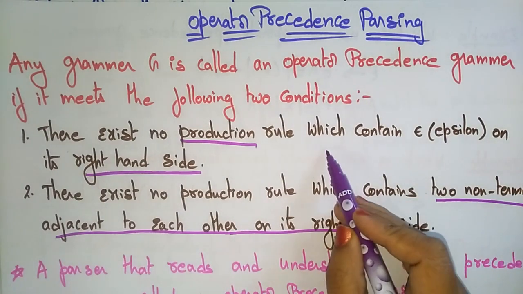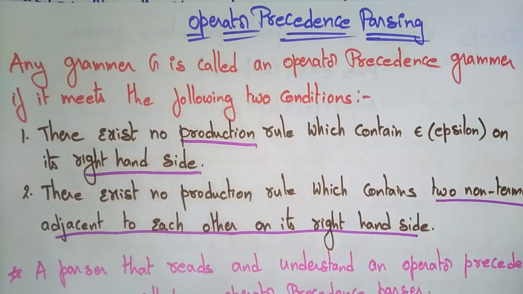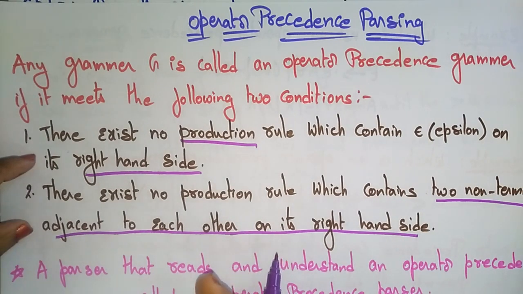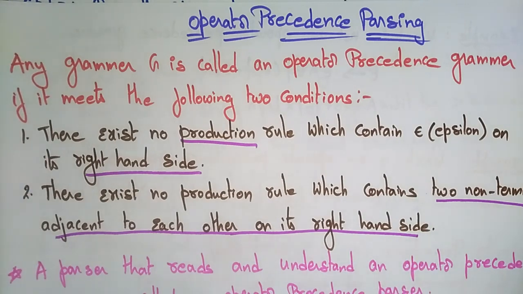So no two non-terminals, which are the letters we are using, should be side by side. If the grammar follows these two conditions, then we can say it is an operator precedence grammar. Don't be confused.